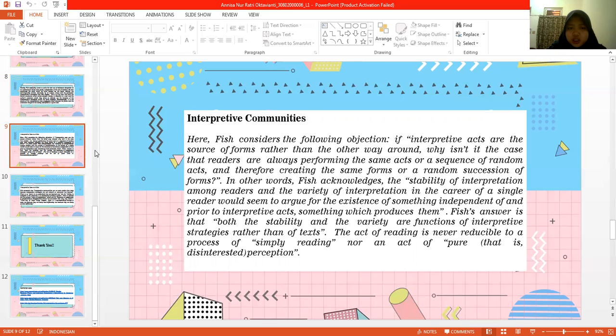Fish's answer is that both the stability and the variety are functions of interpretive strategies rather than of text. The act of reading is never reducible to a process of simply reading, nor an act of pure, that is, disinterested perception.